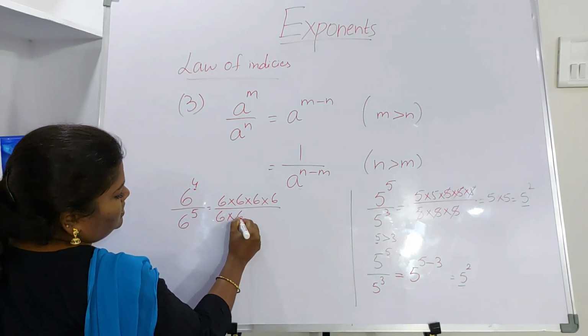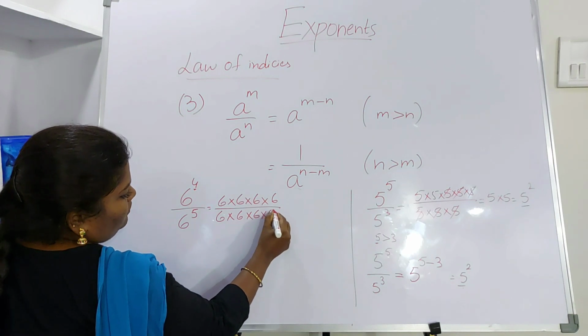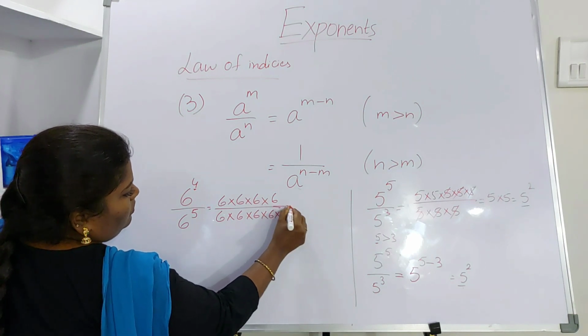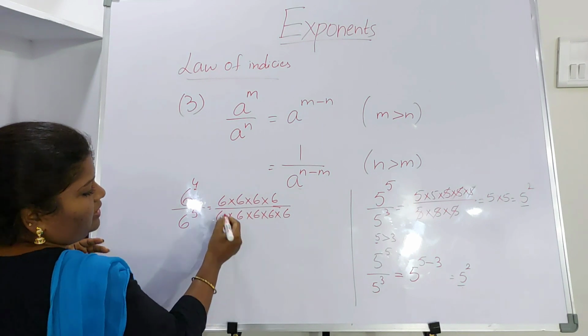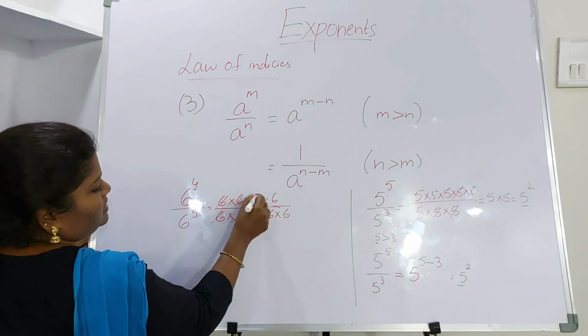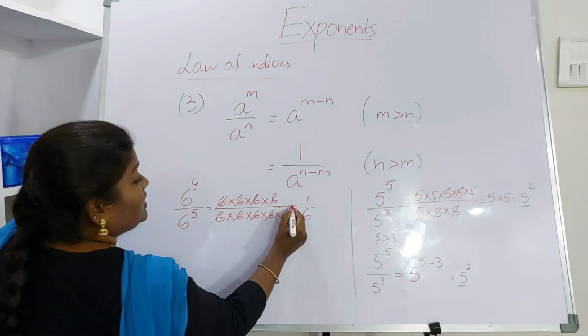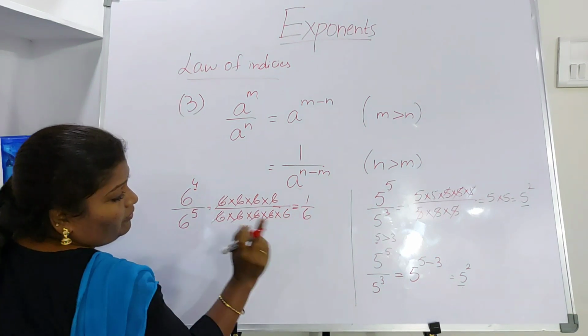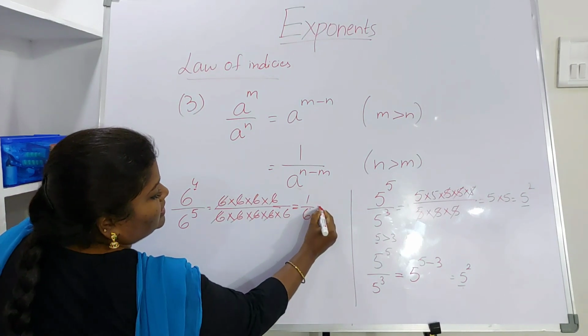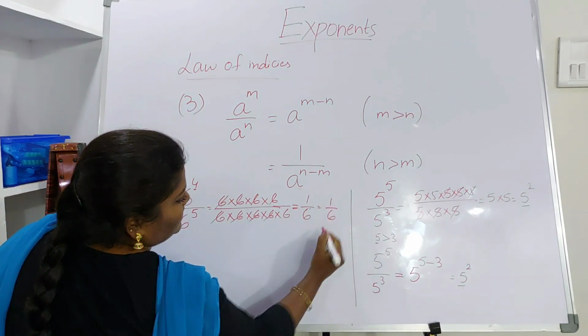Now we can cancel the numerator. 6, 6, 6, 6 cancel out. What is the leftover? 1 by 6, and 6 is left only once. So 1 by 6 to the power of 1, that is nothing but 1 by 6.